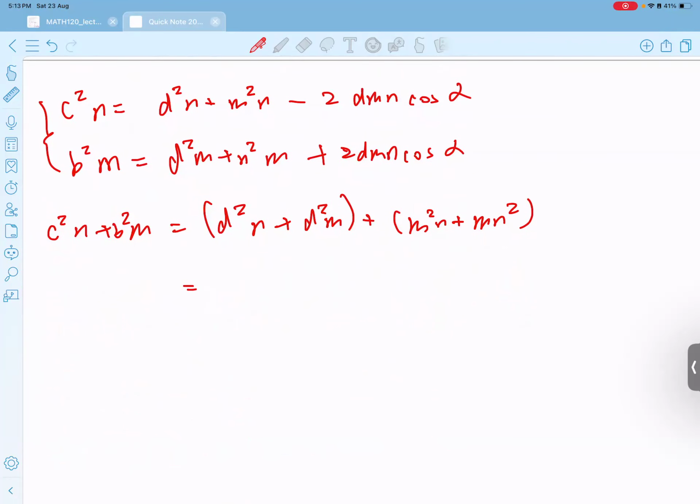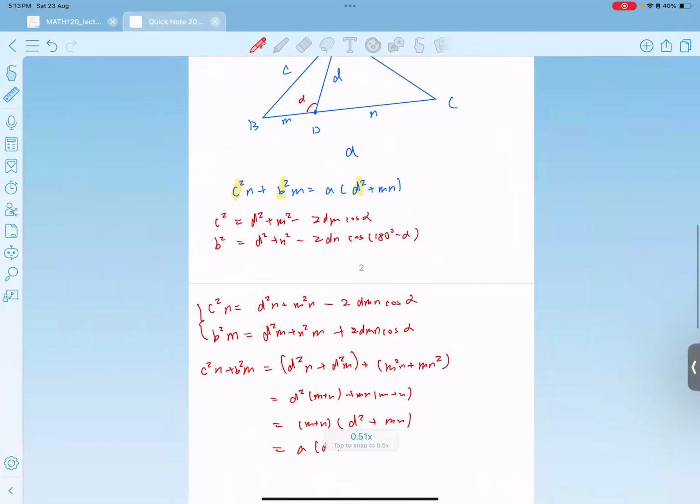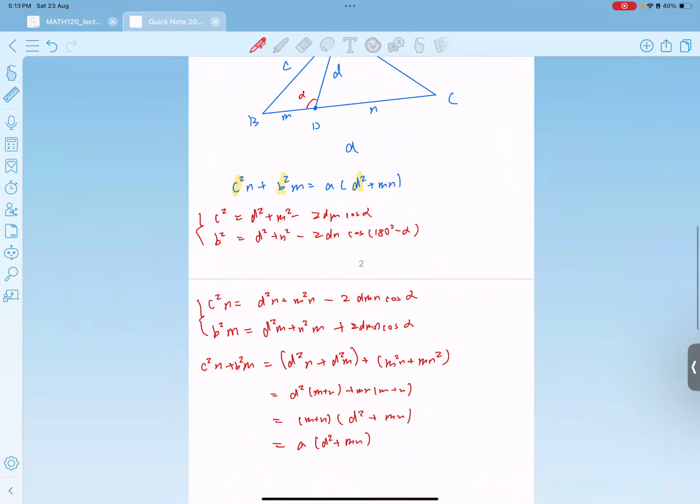That would be m plus n times d squared plus mn. Oh, we're done. So m plus n is clearly a, with a times d squared plus mn. Nice. So this is by cosine law.